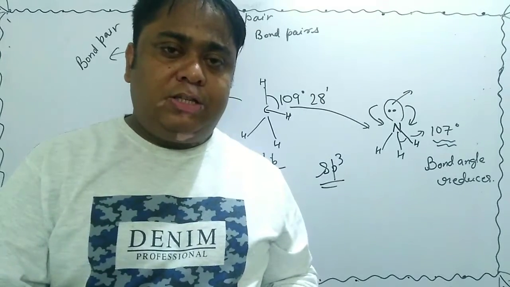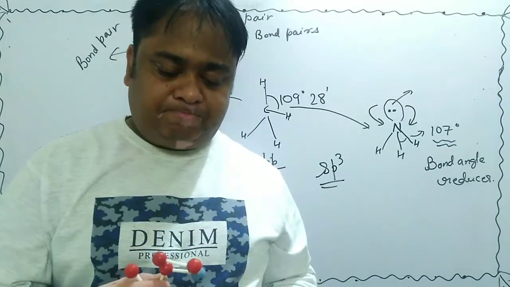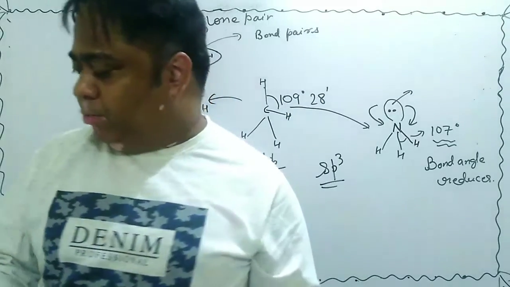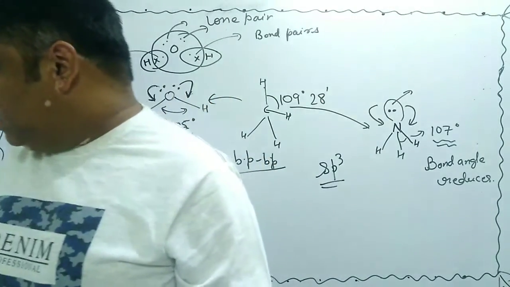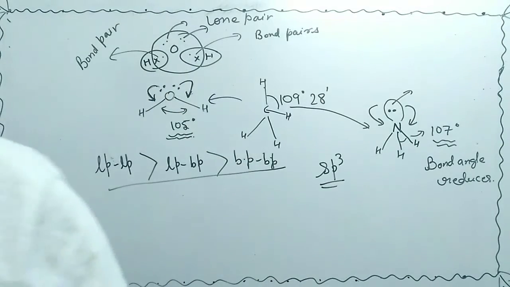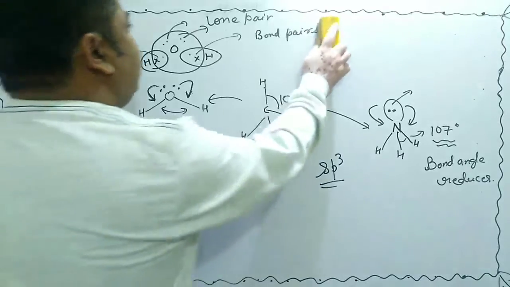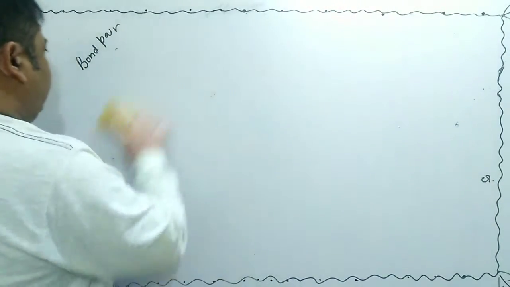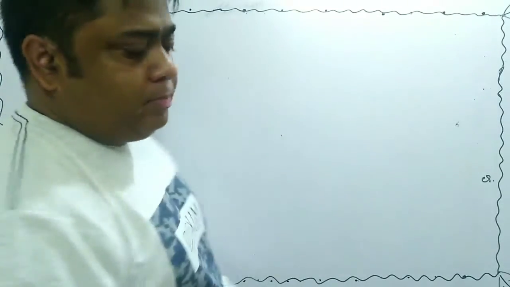So based on this ball and stick game or ball and stick model making, I can give you a very interesting homework, and you all are very creative. You can do it yourself. You must have seen thermocol balls, isn't it? You can take some thermocol balls and you can take pins.